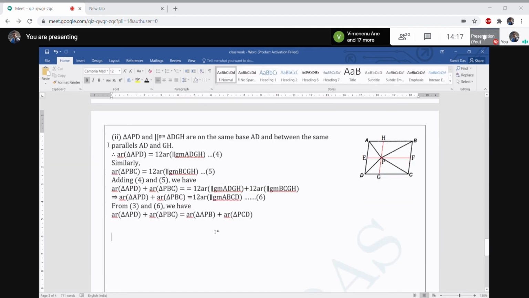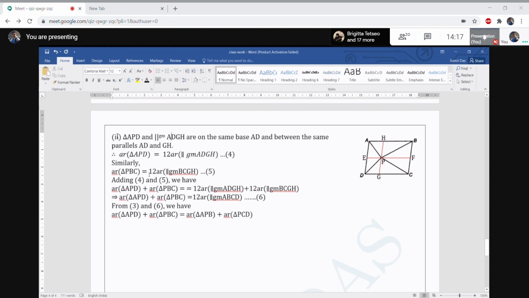Now, triangle APD and parallelogram ADGH. I hope you can see triangle APD and parallelogram ADGH are on the same base AD and between the same parallel lines AD and HG.